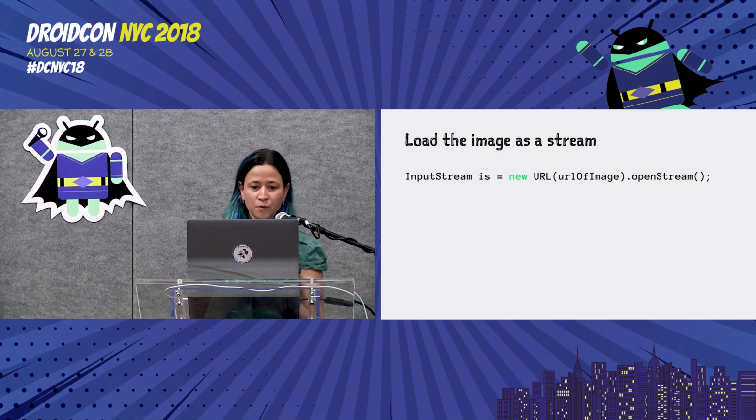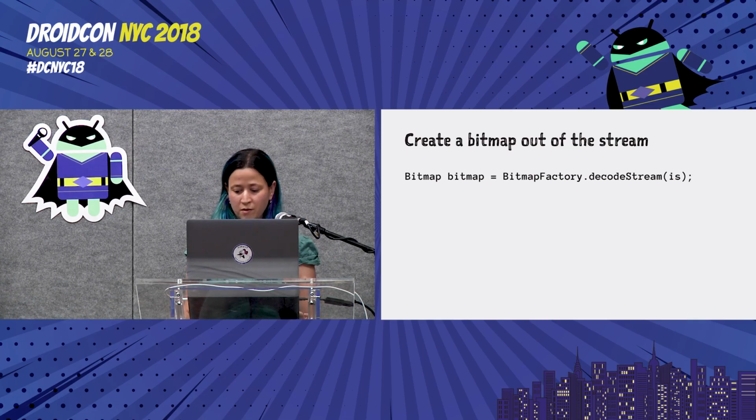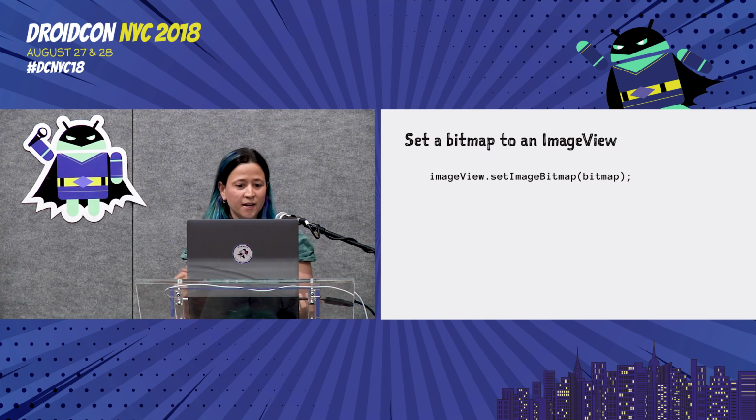We create a new URL, the URL of the image, we open the stream. From the stream, we create a bitmap using a class called BitmapFactory. And then we take this bitmap and we set it to an image view. That's the very super basic way to get an image from the web.